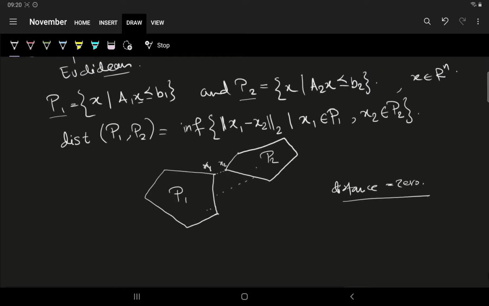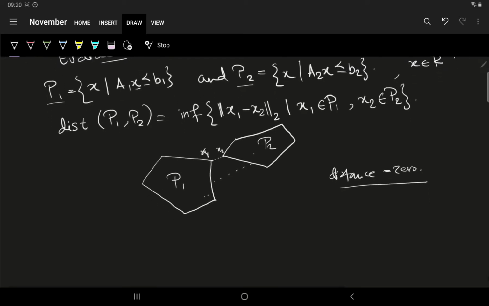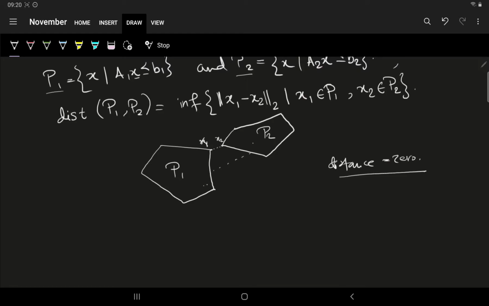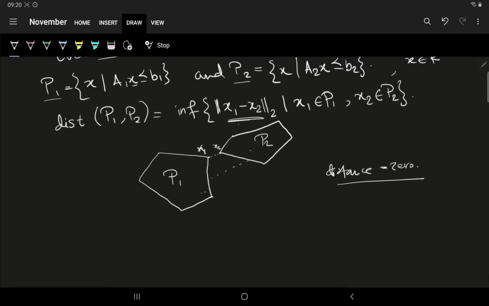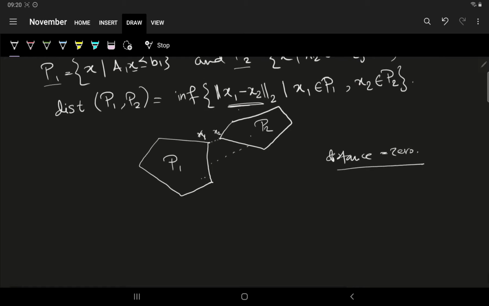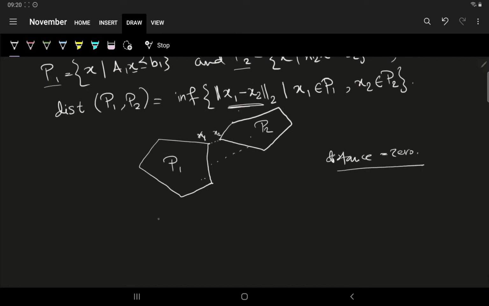Right. So the problem statement will go like, we have to minimize or infimize the distance between these two optimal points, subject to the constraints.